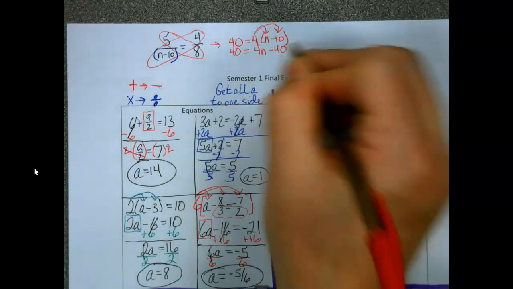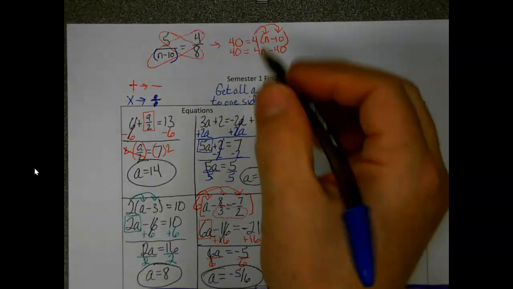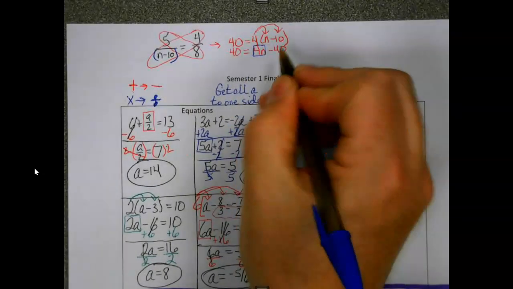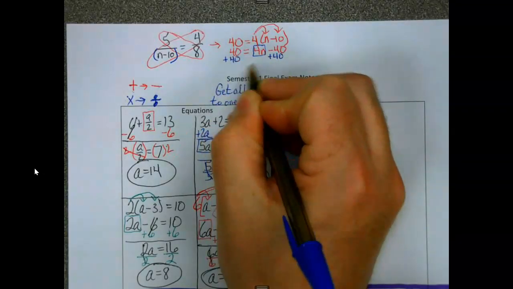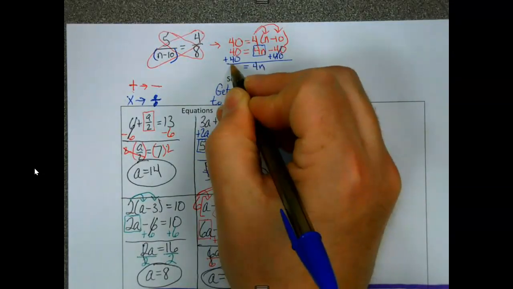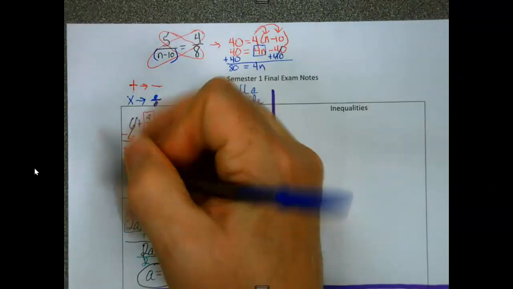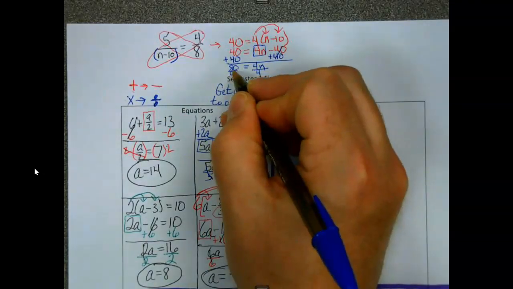So we multiply that out. Work on getting my n term by itself. In retrospect, I think I'd have rather done it on the edge, but that's okay.